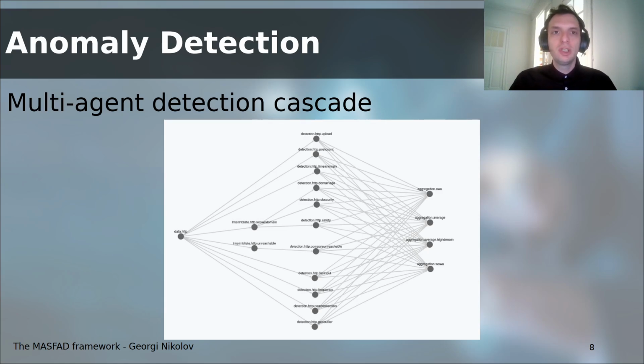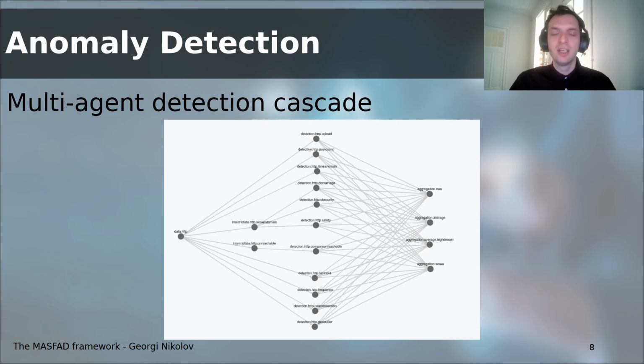So continuing with the anomaly detection, the multi-agent detection cascade consists of all the different detection agents that have been launched in the MASFAT tool. We can see here on the diagram on the left side, we have our data source, and continuing in the cascade, each level symbolizes different detection agents, leading to the right side where we have our aggregation agent.